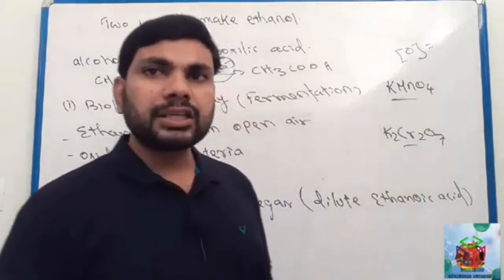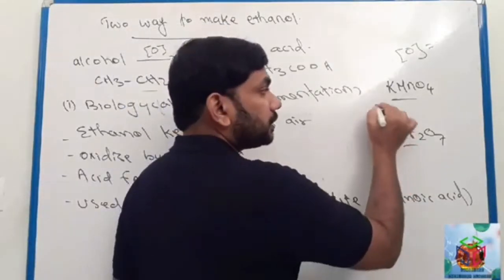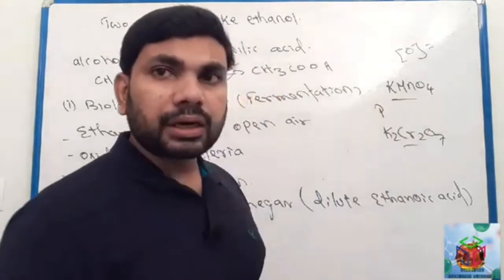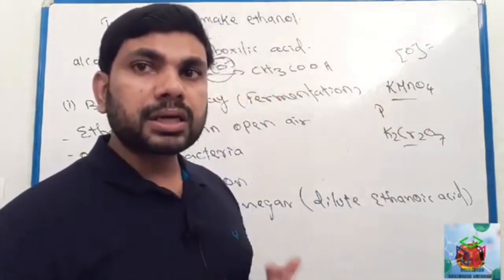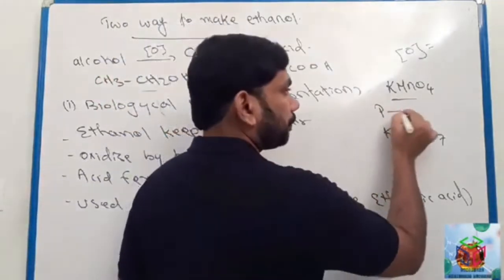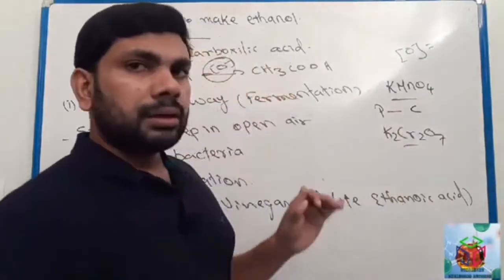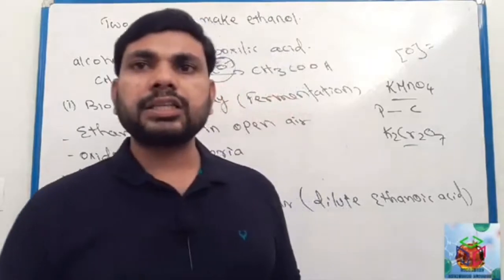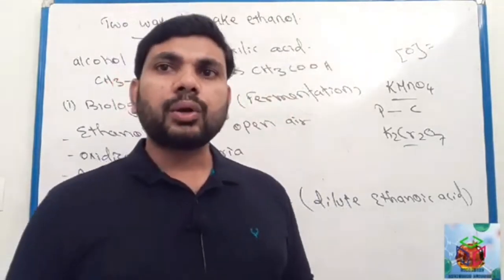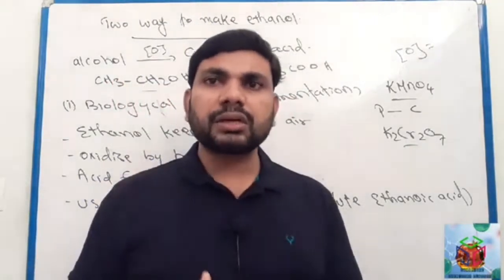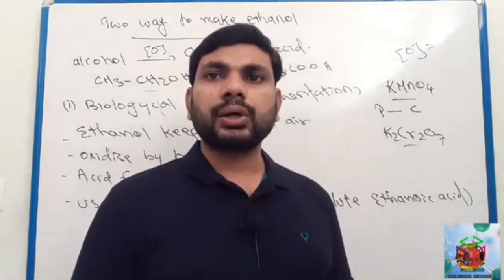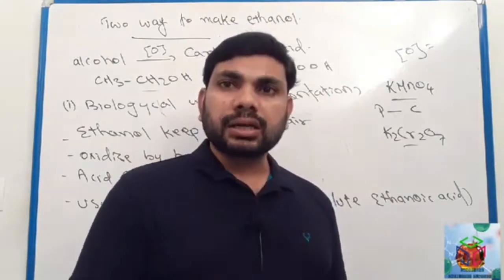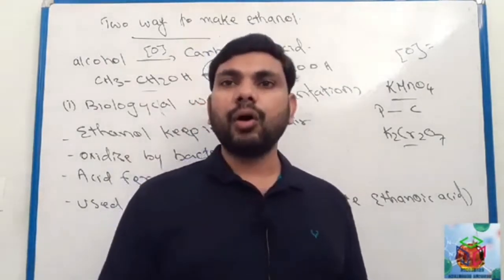Potassium permanganate is purple color. After oxidation, purple color turns to colorless. So here we have to mix alcohol and potassium permanganate and heat very strongly. The purple colored mixture will turn colorless. It turns colorless, meaning carboxylic acid is formed.